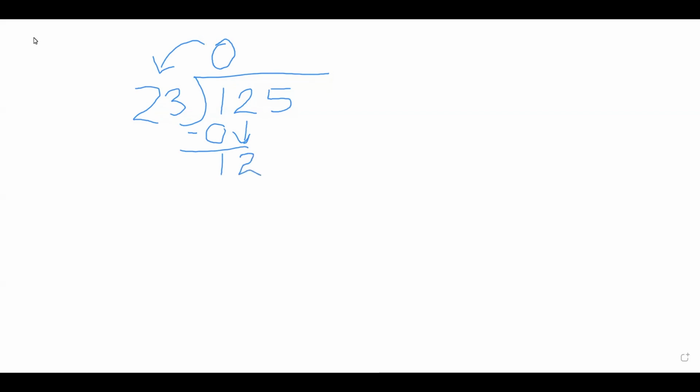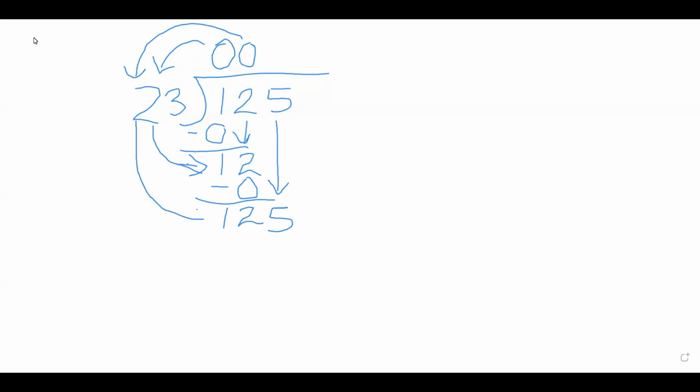Then we say 23 into 12. The answer is 0 again. So 23 multiplied by 0 is 0. So then we're going to subtract 0 from 12, which will be 12. Then we're going to bring the 5 down. And now we're going to say 23 divided into 125.